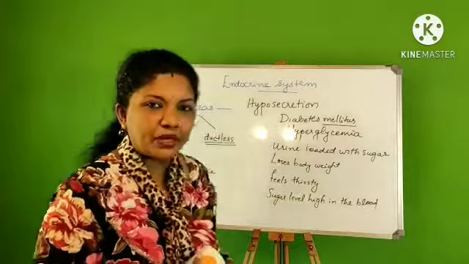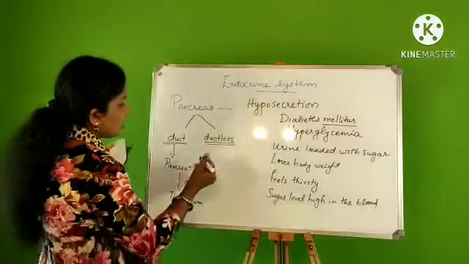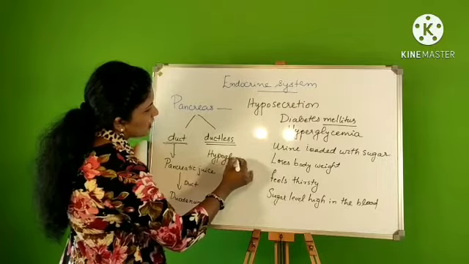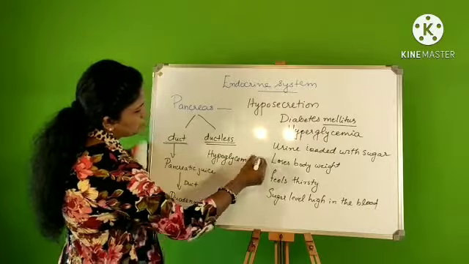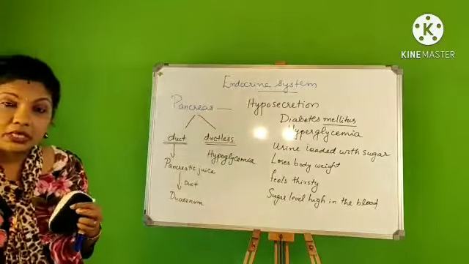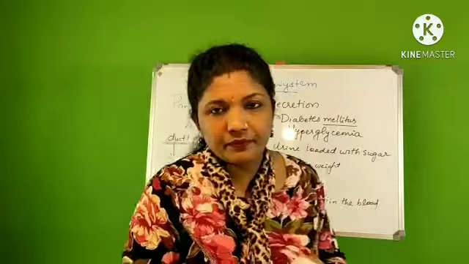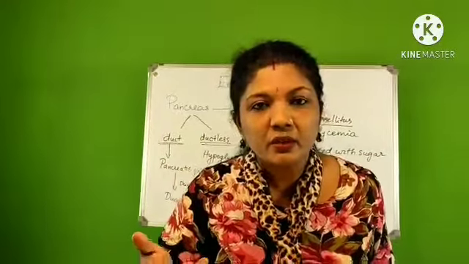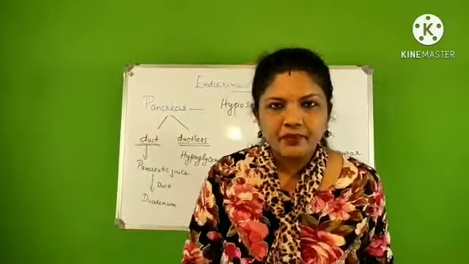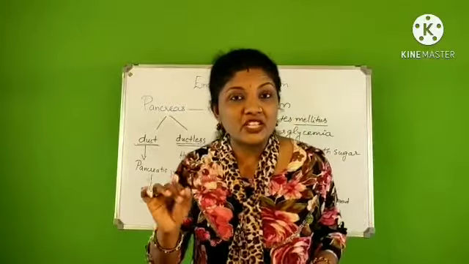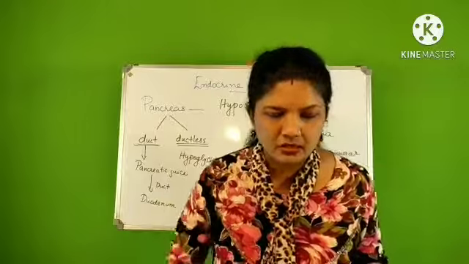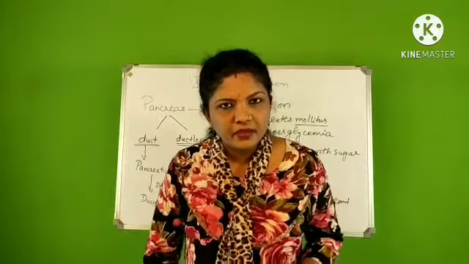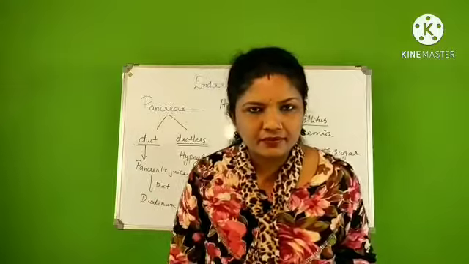Now, what will happen if hypoglycemia happens? Hypoglycemia means oversecretion of insulin. In that case, what will happen? Or imagine that a diabetic patient is given an excess amount of insulin. You might have heard about the insulin injection that is given to a diabetic patient. So if an excess amount of insulin is provided, what will be the effect?